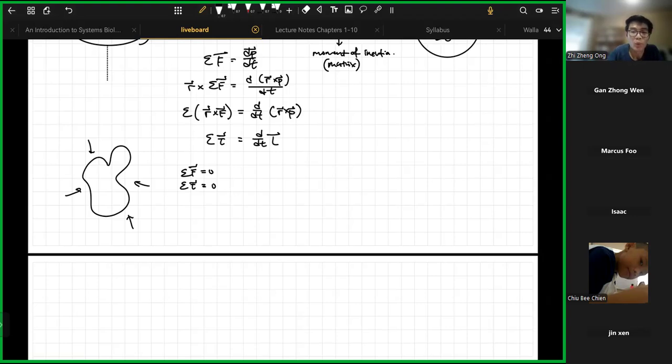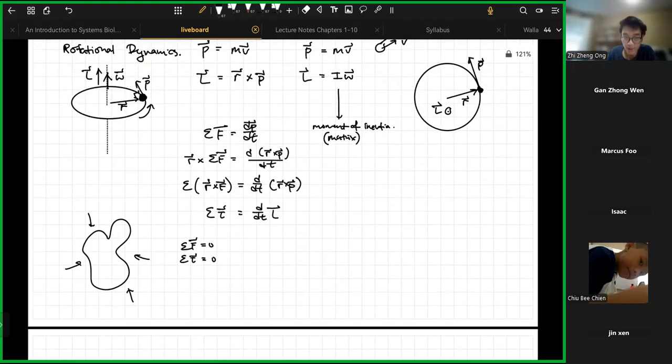But now there's a question: where do you measure this torque from? The torque is always from an axis, right? So the key idea here is that in a statics problem, when this is true, it doesn't really matter where you choose your axis. It doesn't matter where you choose your pivot. The axis can be arbitrarily chosen. So why is this?